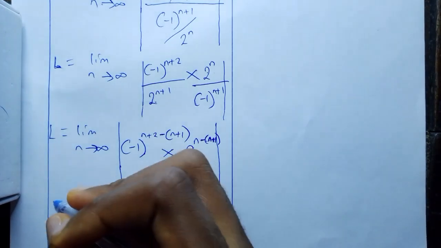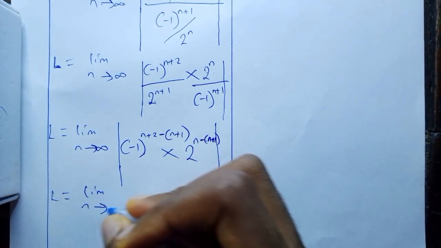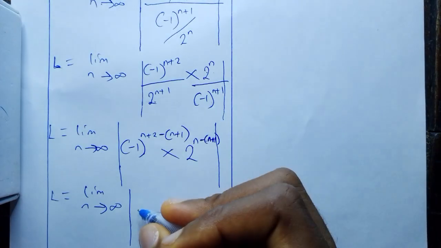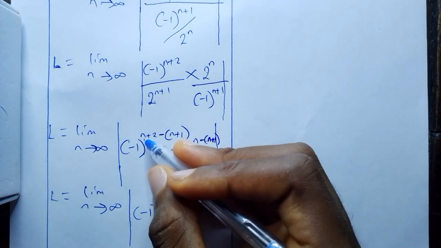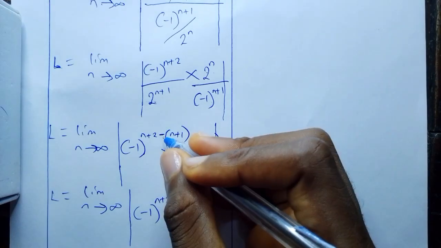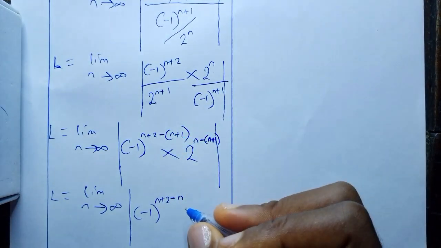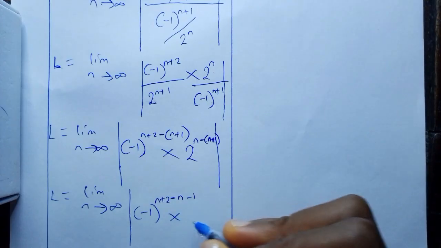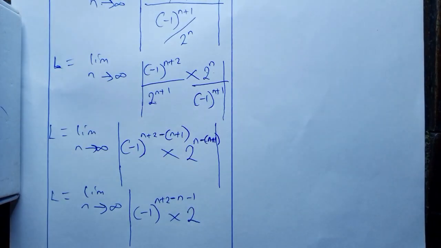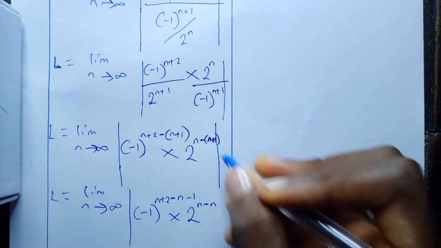So now we have limit as n tends to infinity, minus 1 to the n plus 2, opening the bracket, you have minus n minus times plus 1 minus 1 times 2, right? N opening the bracket, we have minus n minus times plus 1 minus 1.